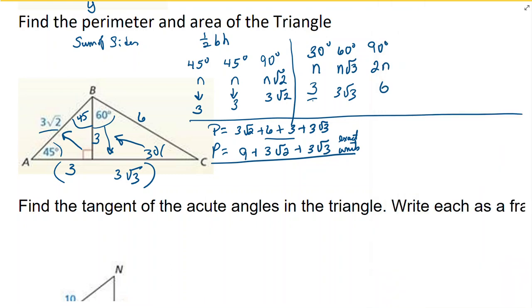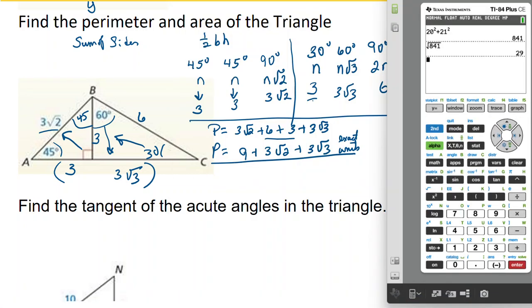So let's look at that. We're going to enter what we see. We're going to have our 9 plus 3 square roots of 2 plus 3 square roots of 3.